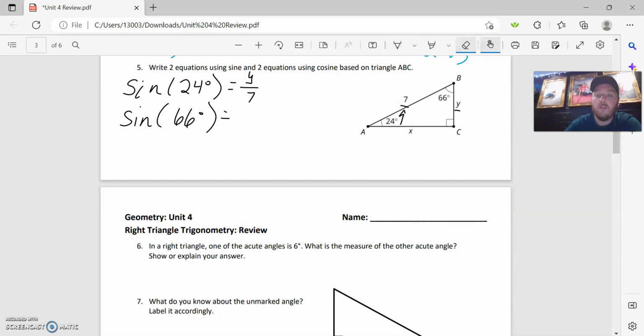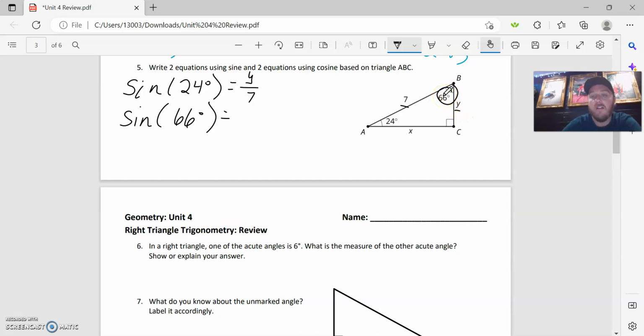And the reason that's so important is that when we come back and we focus on 66 degrees, when we look at the ratio, it's still going to be opposite over hypotenuse. Sine is always opposite over hypotenuse. The difference is when I have picked 66 degrees over in this corner of the triangle, opposite is no longer y.